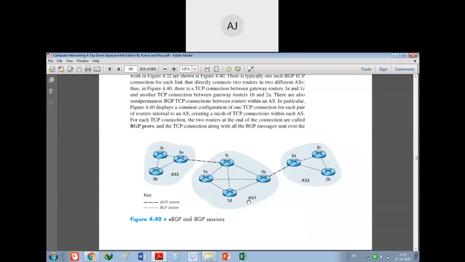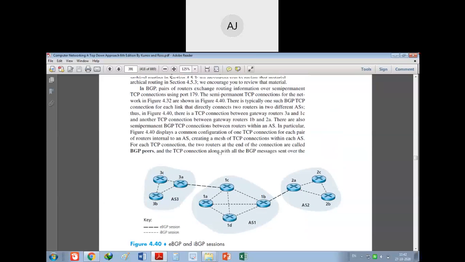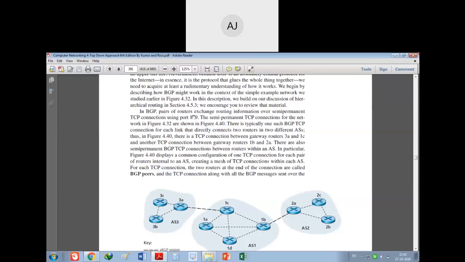You can see in this diagram we have autonomous system 1, autonomous system 2, and autonomous system 3. How all the routers communicate is very important. That's why we need to establish a TCP connection, and for that it uses port 179.